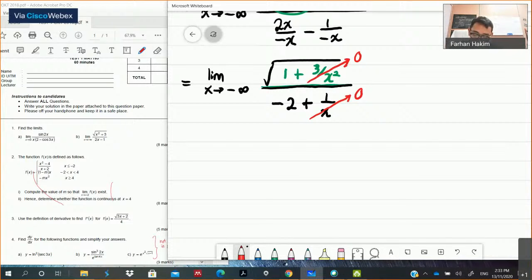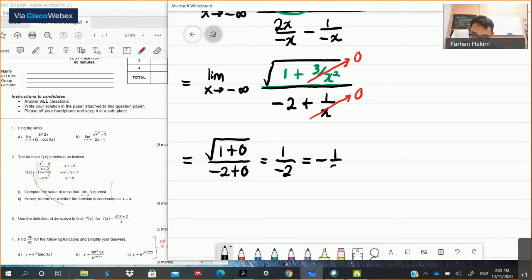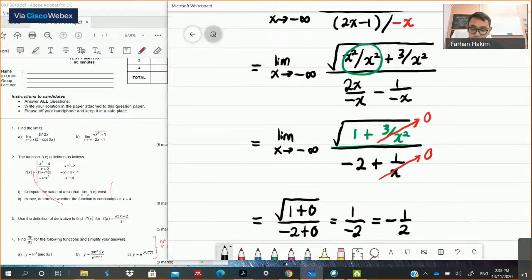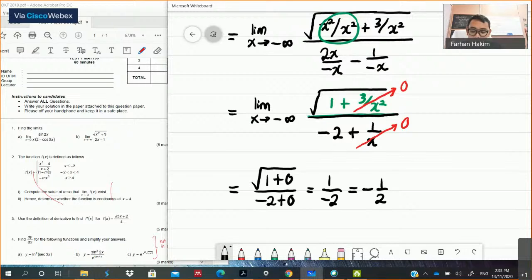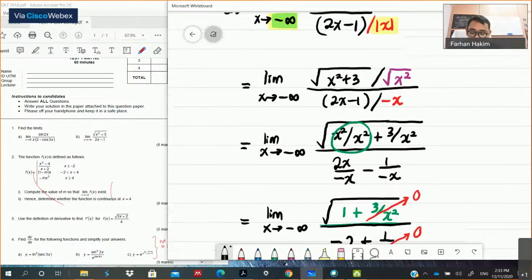So we obtain 1 plus 0 over negative 2 plus 0. Our final answer will be 1 over negative 2, which is actually negative 1 over 2. So we are done solving this type of question.